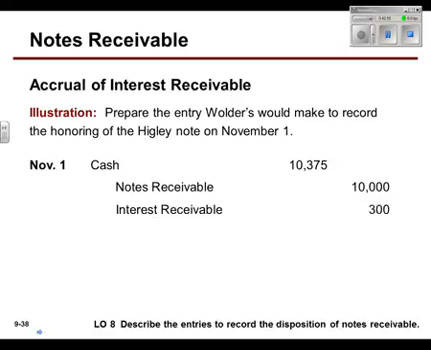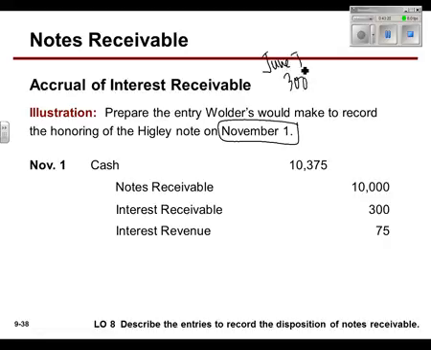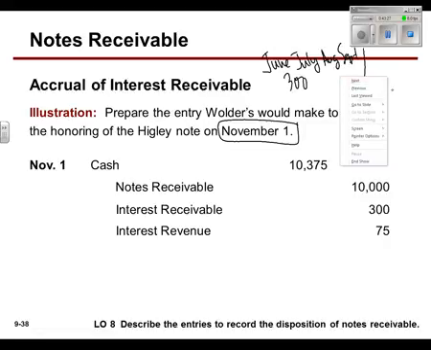Didn't we already do that? Well, but that's the 4 month, 1 month split. Because notice the date. We had the 300 over June, July, August, September, and the 75 for November.